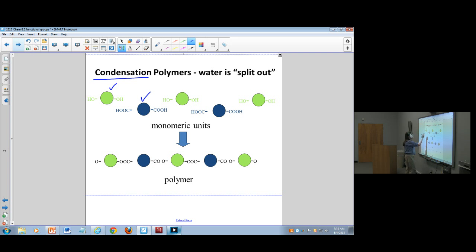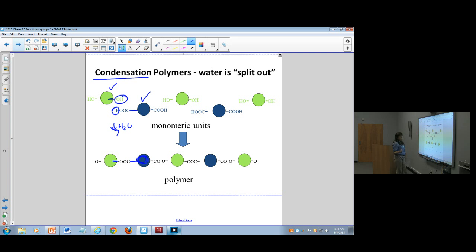So in this case, we're going to lose this OH group here, and we're going to lose this hydrogen right here, and we're going to form this molecule where this piece of that monomer is now bonded to this green thing. And water, the H and OH, comes off of here.